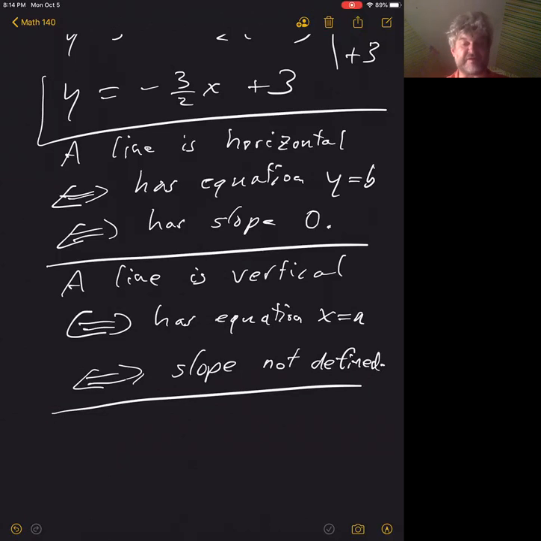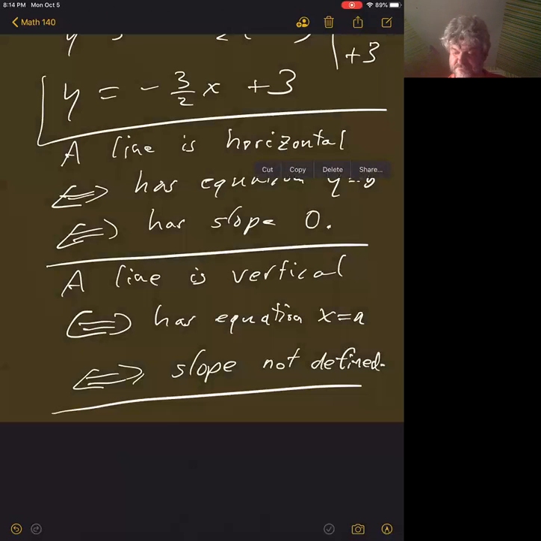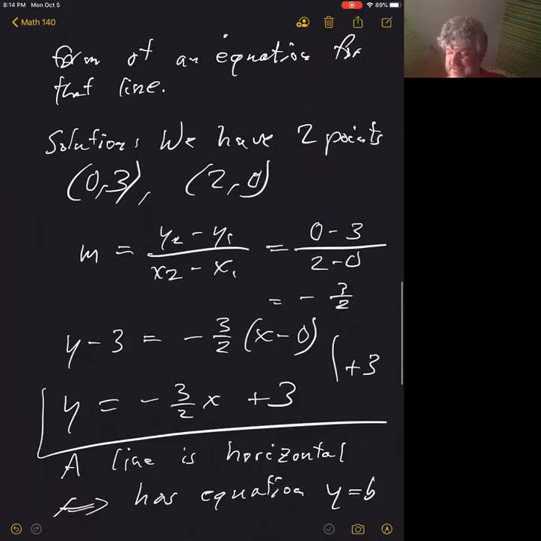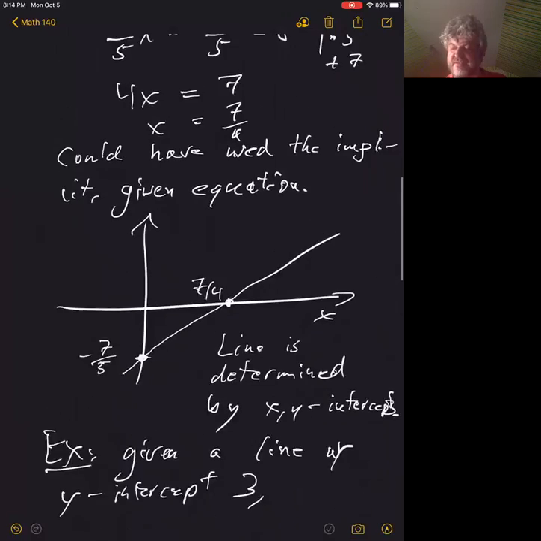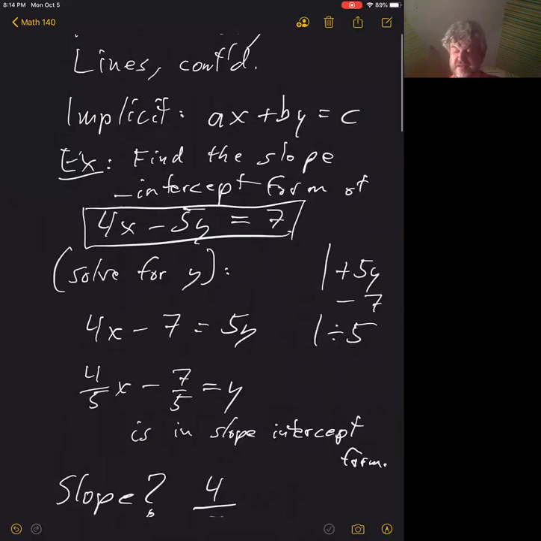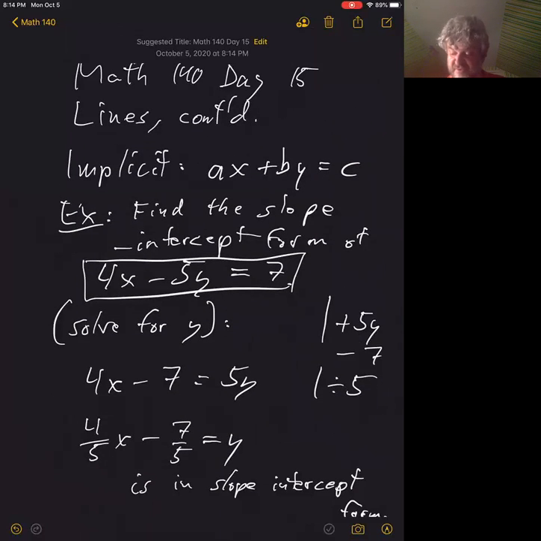I wrote it in a way so that it should be a mirror image of the horizontal lines. When you flip the roles of x and y, you flip the roles of horizontal and vertical. And I should mention that the horizontal and the vertical lines fit very well into the framework of implicit equations, that is, equations like this: ax plus by is c, right?